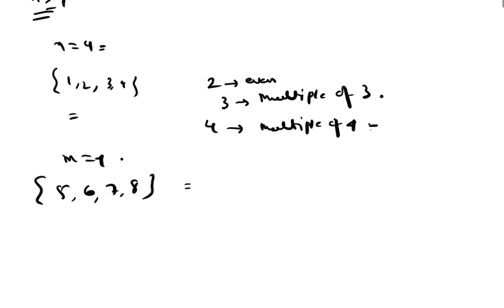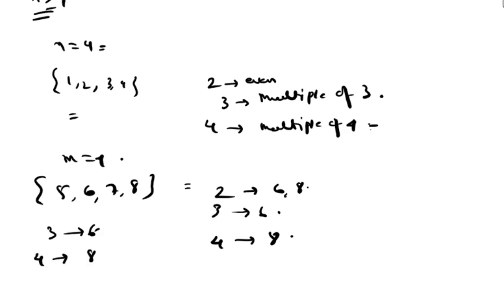The multiples inside: for 2, it is 6 or 8; for 3, it is 6; and for 4, it is 8. Now notice 6 is needed by 3, and 8 is needed by 4. We must also give 2 an even number, but 6 and 8 are already used, so 2 has no available value. So it is impossible. Therefore n is equal to 4 fails.